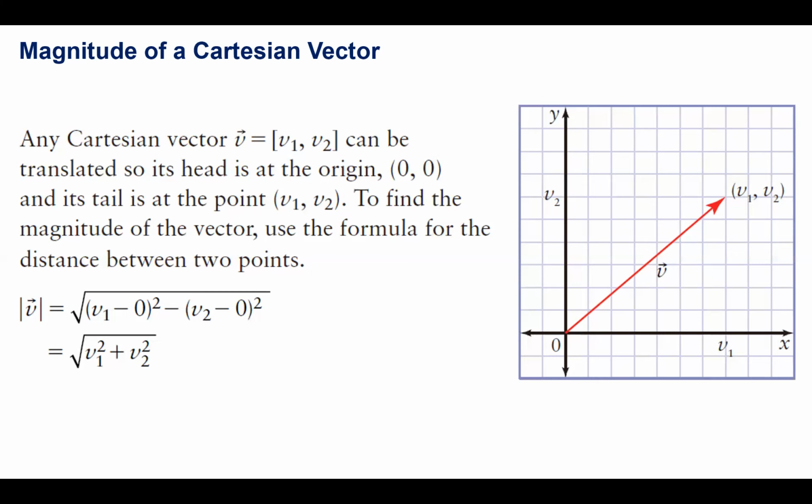So that equals the square root of V1 squared plus V2 squared. Basically, when you have a vector V1, V2, represented using a position vector, its magnitude equals the square root of the squared first component plus the squared second component.